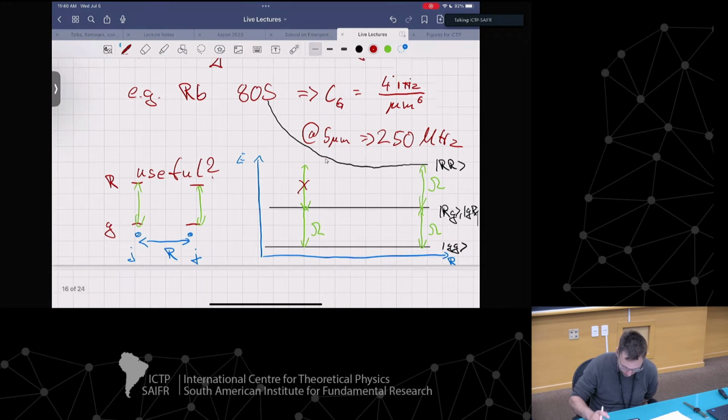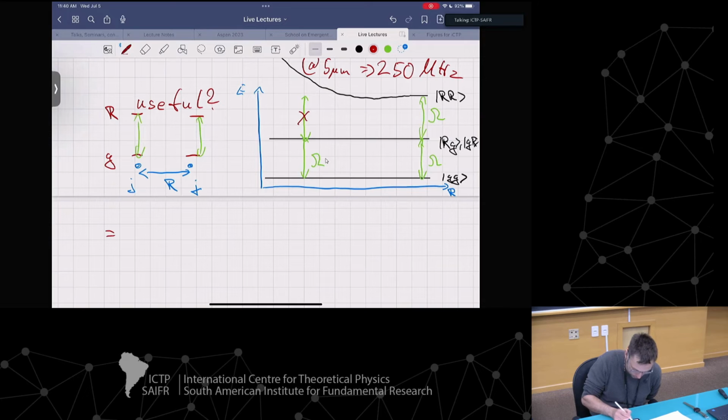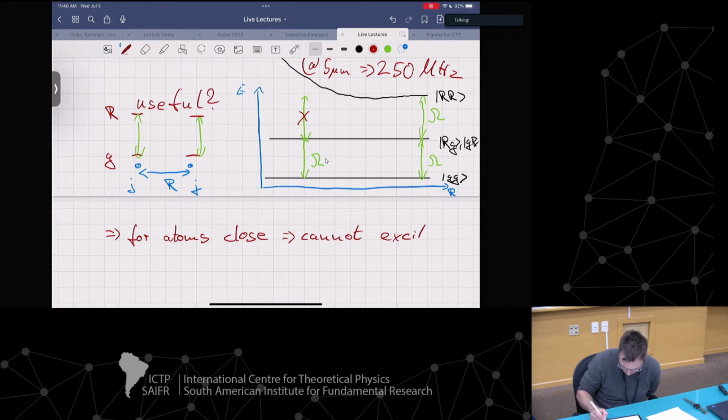And this is something really important. So for 2 atoms close, or sufficiently close, I cannot excite this Rydberg state.